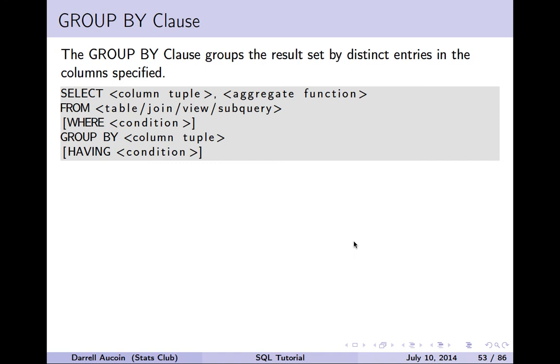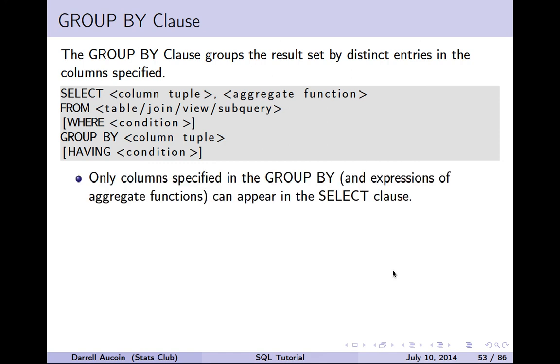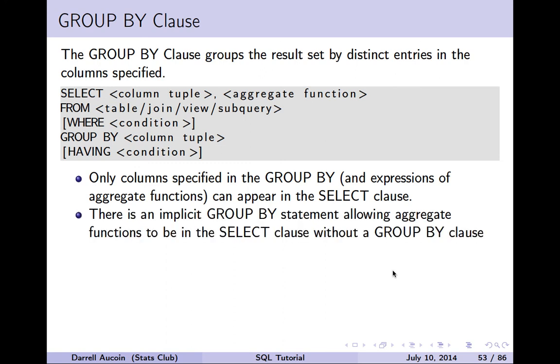The group by clause groups up the data set by distinct values in the columns. So we group up by the column values we want, the column tuple specified, and only columns specified in the group by clause can be in the select statement.